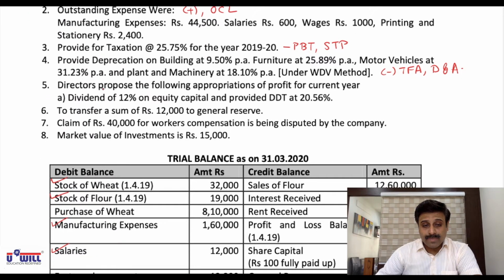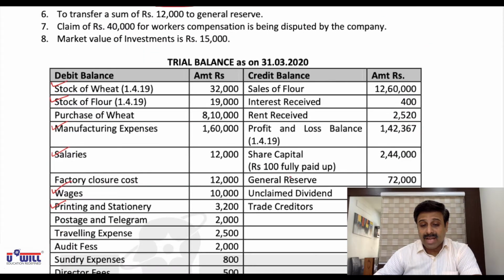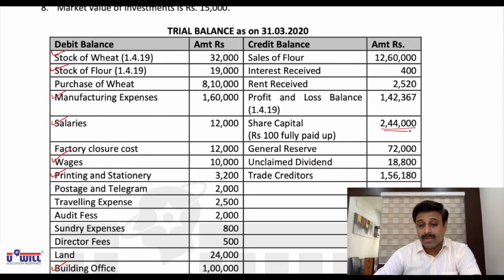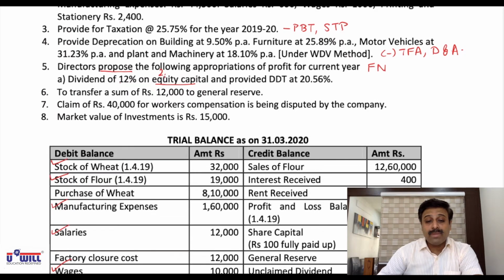Directors propose the following appropriation of profits for current year. So dividend of 12% on equity capital and provide DDT at 20.56%. Proposed dividend will come in footnote in contingent liabilities. 12% on equity capital, you can see in trial balance the equity capital is 2,44,000. So this 12% we will count on 2,44,000.